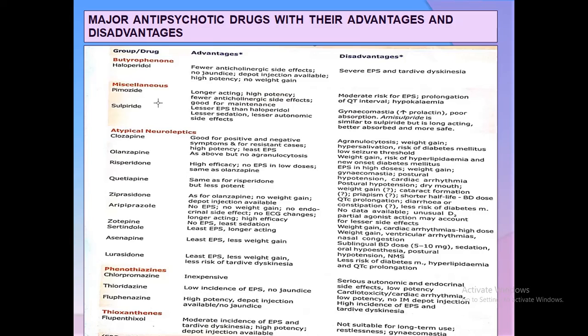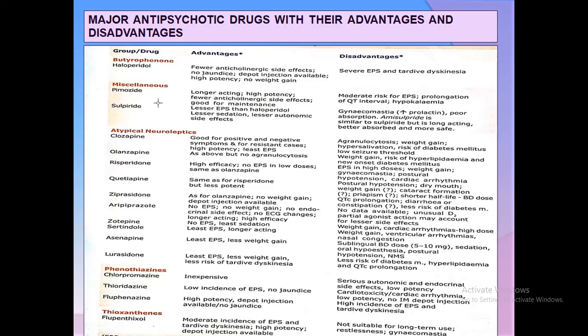Now coming to the next drug, zotepine. Advantage being no extrapyramidal side effects, less sedation. And its disadvantages are weight gain, cardiac arrhythmia in high dosage. Other drug is sertindole, and its advantages are less EPS and longer acting.